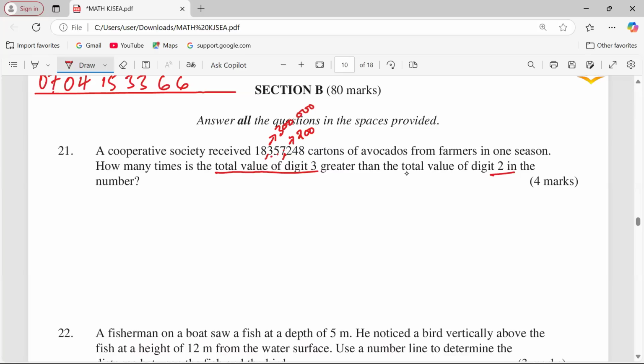We are told that digit 3 is greater than digit 2 by a certain number of times. So 200 should be multiplied by a certain number of times for us to get 300,000.